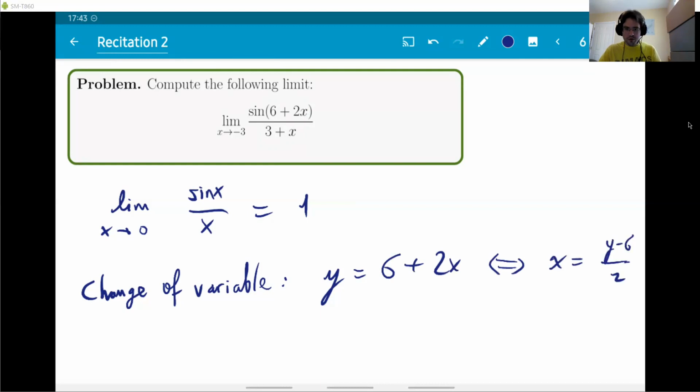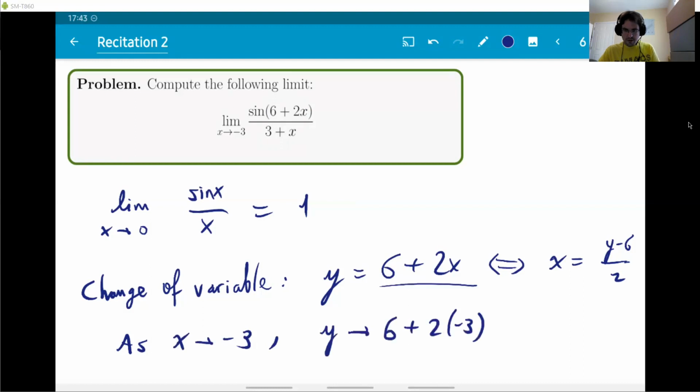But what's also important to understand is what happens to the limit. As x approaches minus 3, where does y go? And you write it as x goes to minus 3, y goes to, well, because it's just a simple linear expression, you plug in the value minus 3 for x, and you find what that gives you for y.